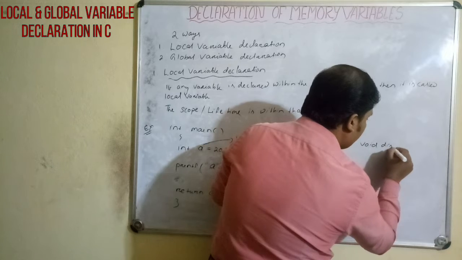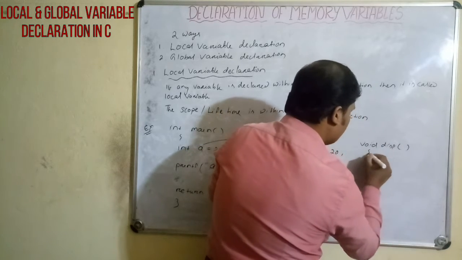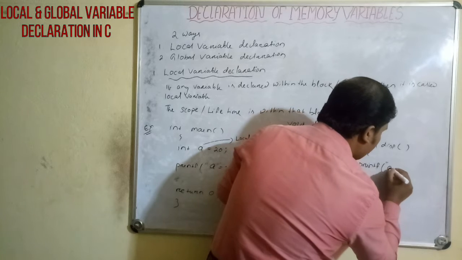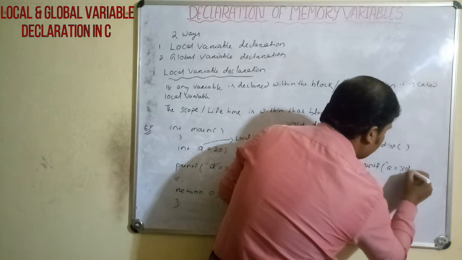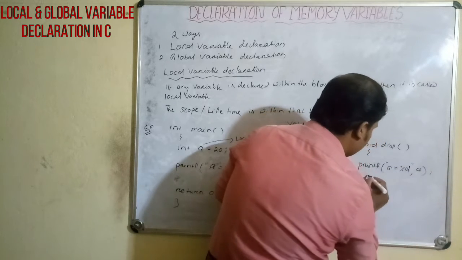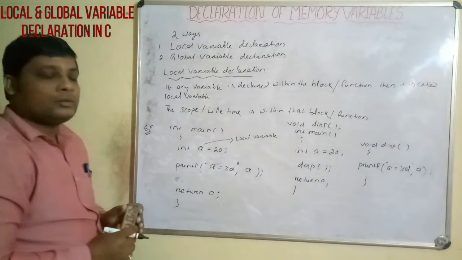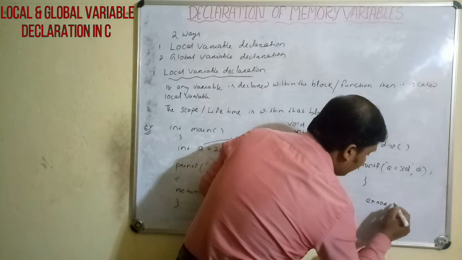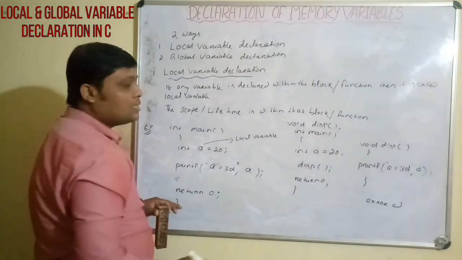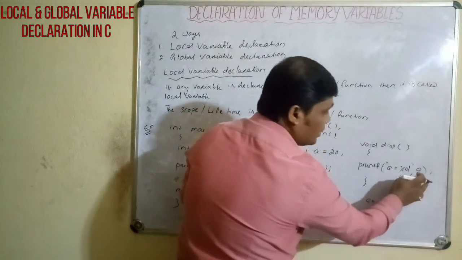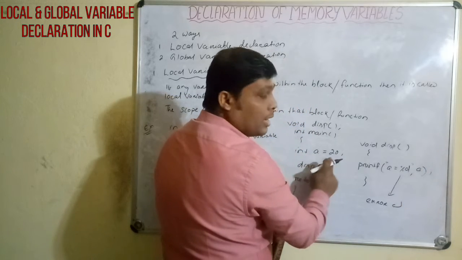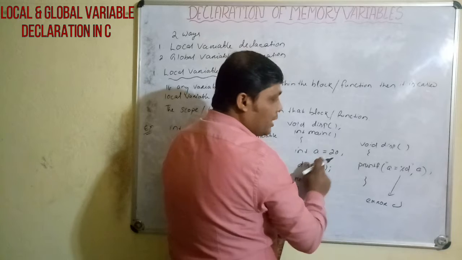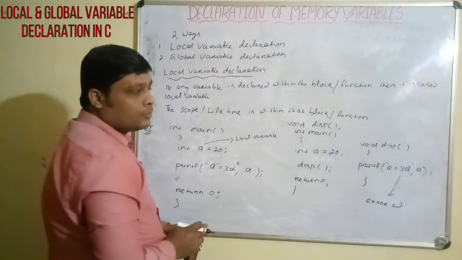This is void display. Clear? And here I am printing printf a equal to percentile d then a. Clear? This will generate one error. Why is this an error? Because here a is local to main, but here I have accessed this variable a inside display function.